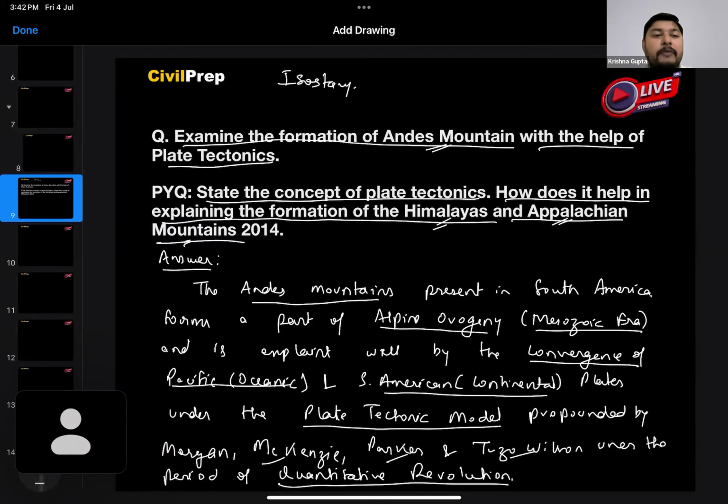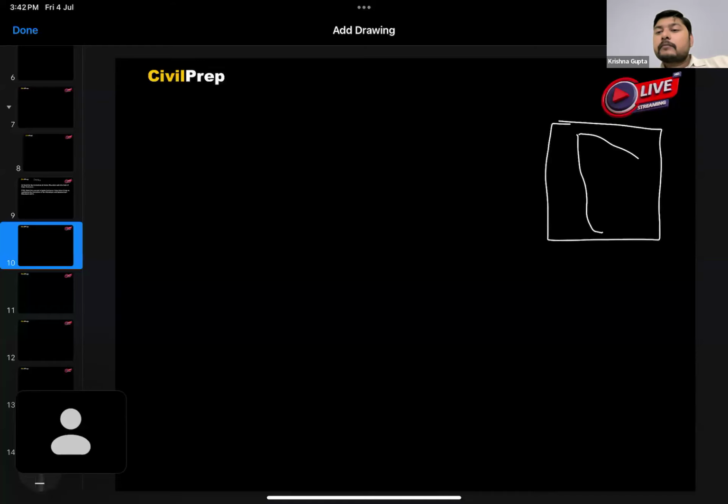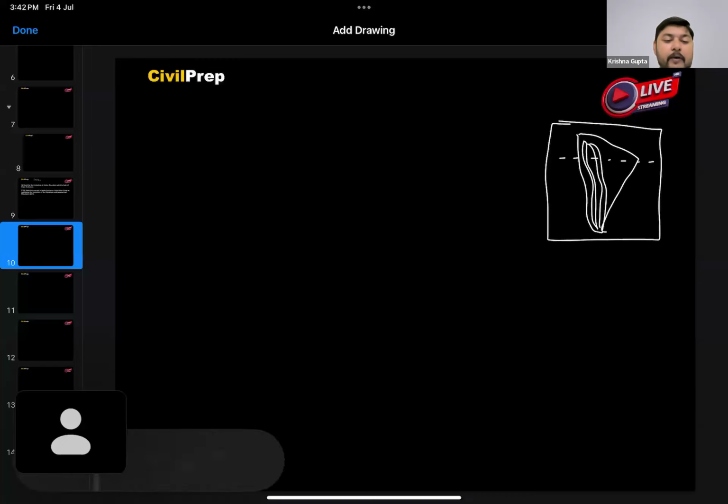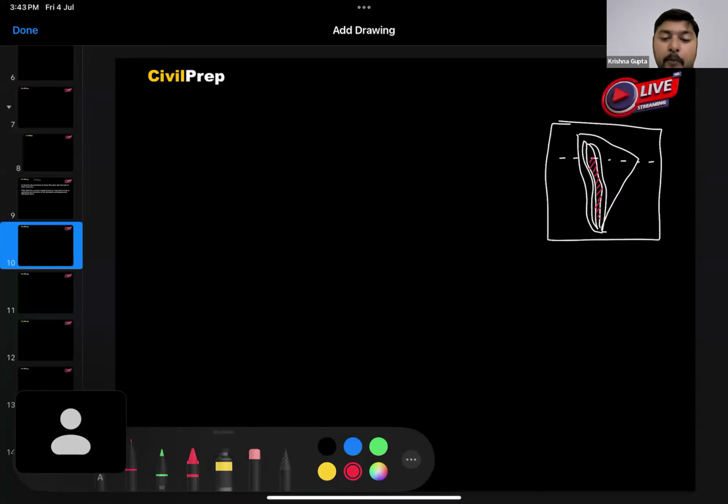So in this very easy introduction, we are including everything with respect to the perspective, models, and theories. Now, moving further, we need to specify about the Andes Mountain. Okay, this is the equator. Here we have Andes Mountain. We will see that in between there are two mountain ranges. This diagram is very important.